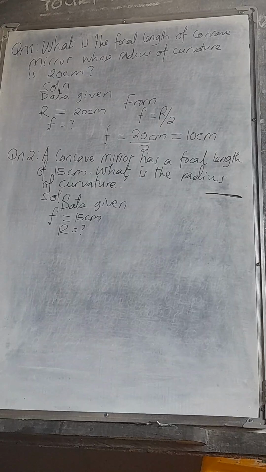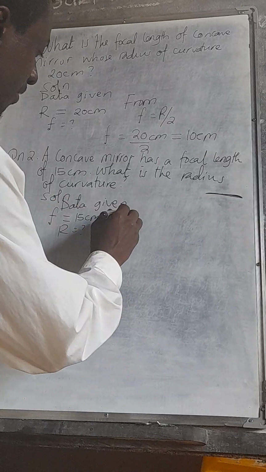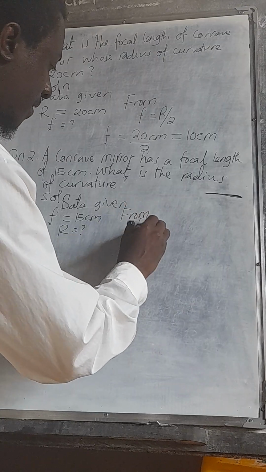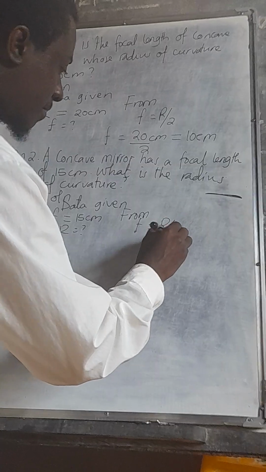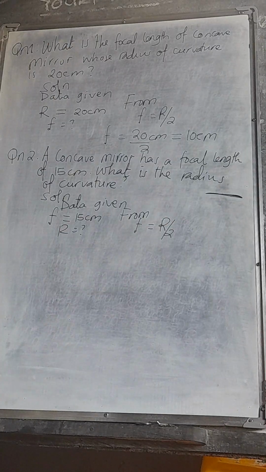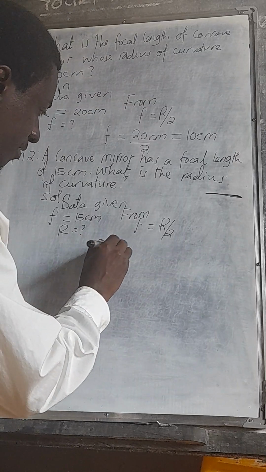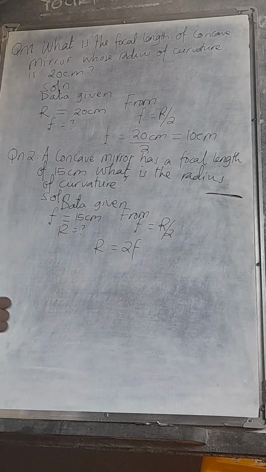Now here we should recall the formula. We will know the focal length from focal length is equal to radius of curvature divided by 2. That is a very, very important formula. So if you want the radius of curvature, it will be 2 times focal length.